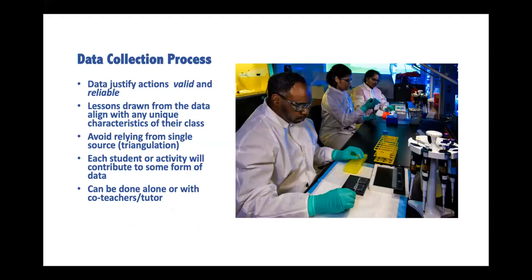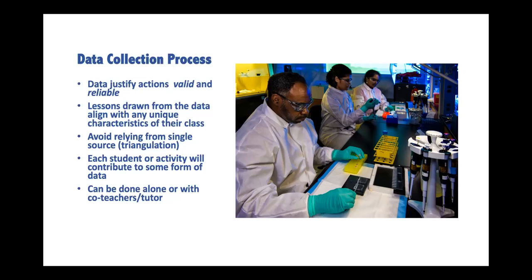So this is actually the most important thing when you collect the data, the triangulation process. What is the triangulation process? Remember I mentioned observation just now, you observe, right? And then say you do a test. Okay, you see the pre-test and post-test.